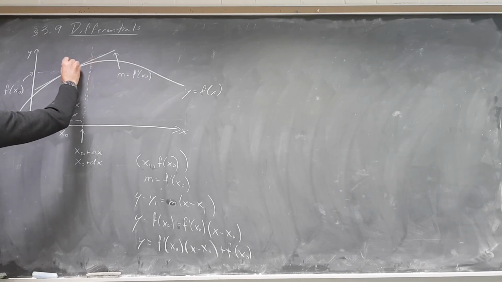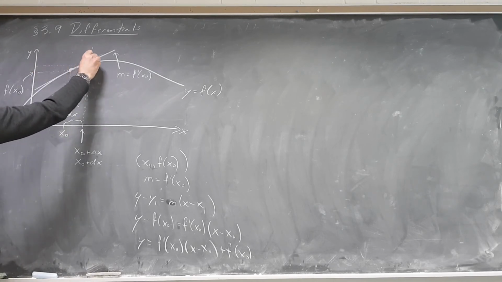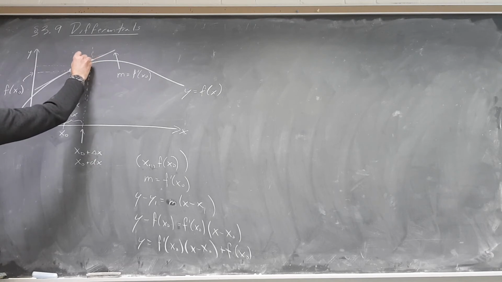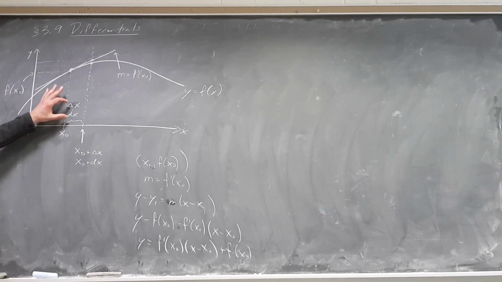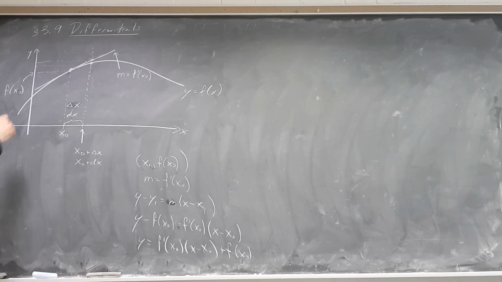We have the y value on the curve, and we have the y value on the line. There's no reason they should be the same, but if we didn't move too far away, this should be pretty close.